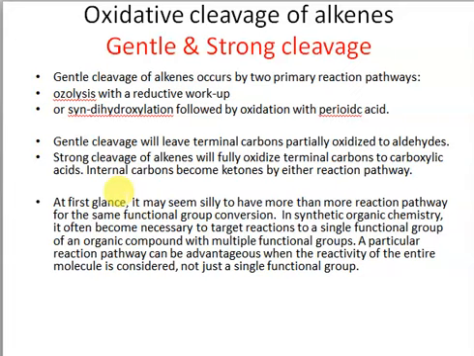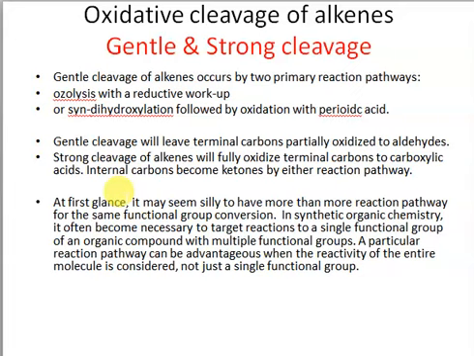Gentle cleavage can be carried out either by means of ozonolysis or by syn-dihydroxylation followed by periodic acid cleavage. Syn-dihydroxylation is the same way by which we converted diols into aldehydes or ketones, right? So one thing you should know is that gentle oxidative cleavage means our product will be an aldehyde or ketone, and we are using reagents which are milder, not harsh.